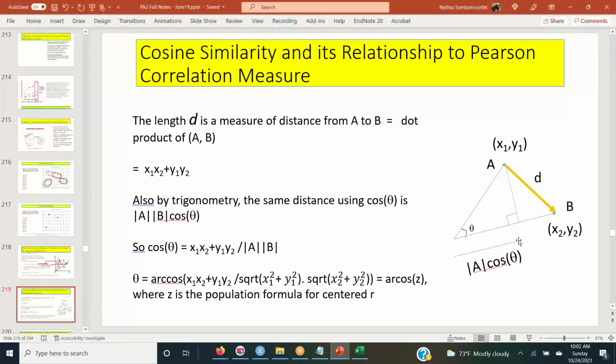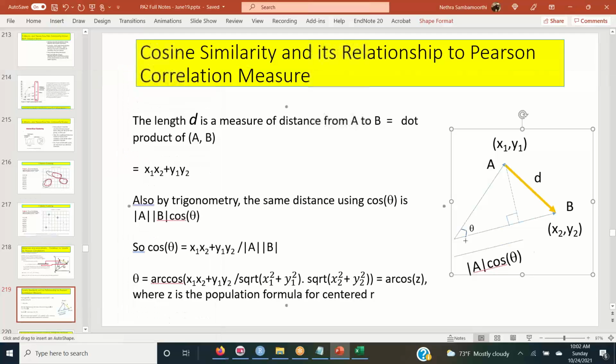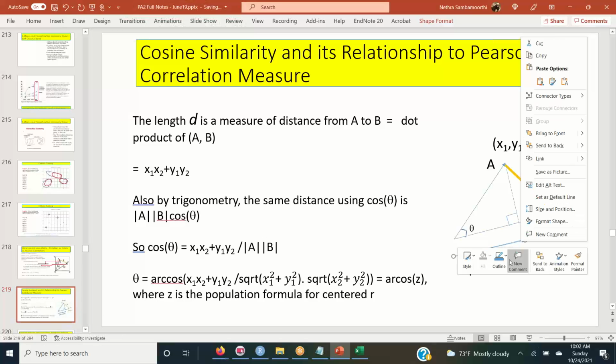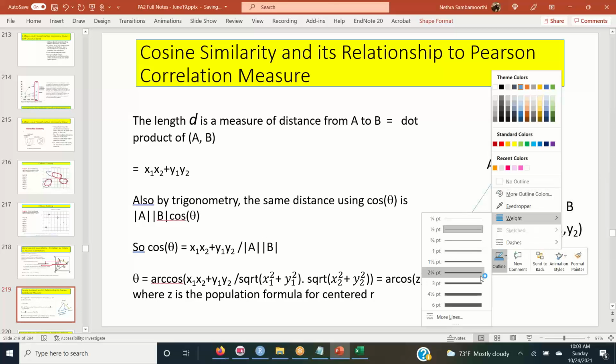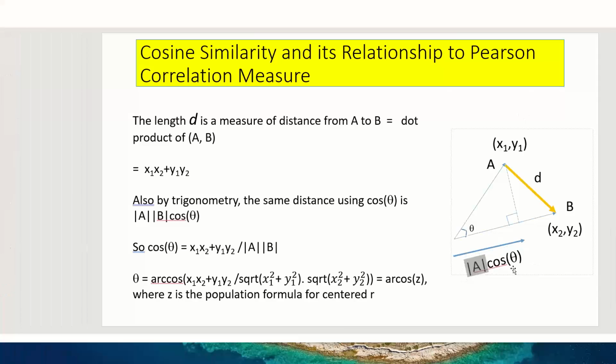So that part is basically the absolute value of A, which really means the distance. Remember that it's a norm. The distance from 0, 0 up to this point x1, y1, times cosine theta.